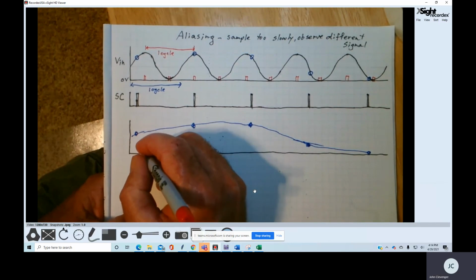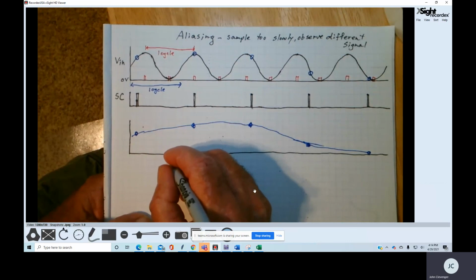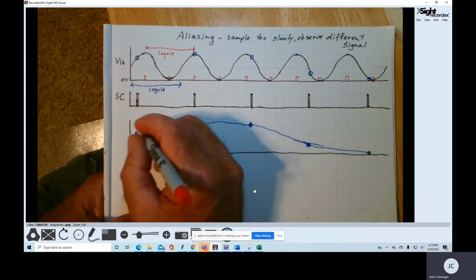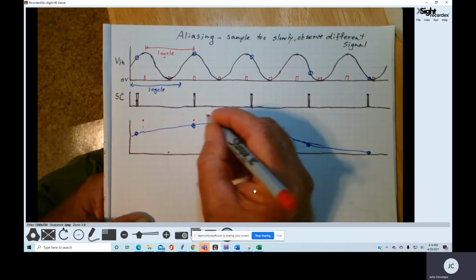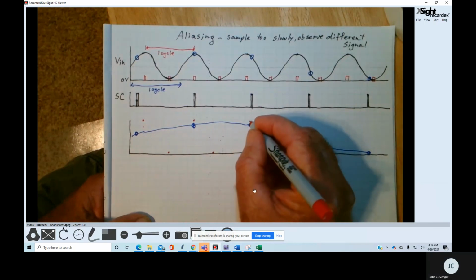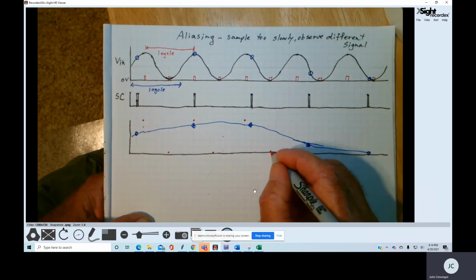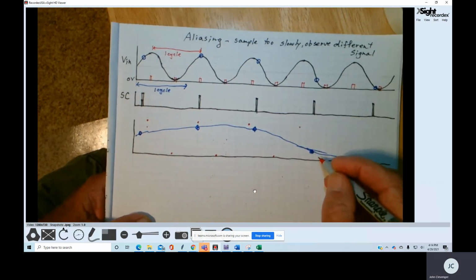We would have, see, that's up here, and then that's down here, and then that's up here. Oops, I lost the first one, it's up here, sorry. Right here, down here, up here, down here, up here, down here, up here, and down here.